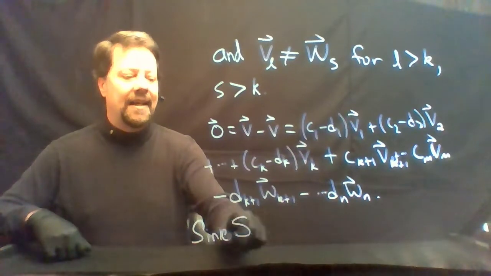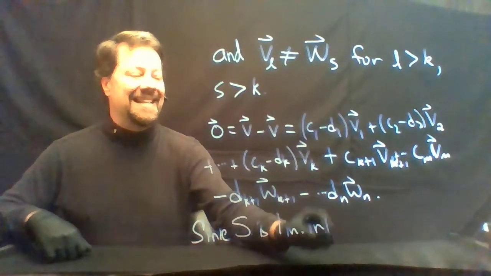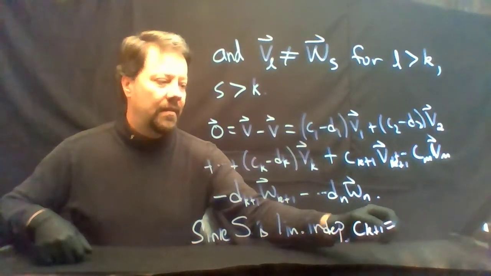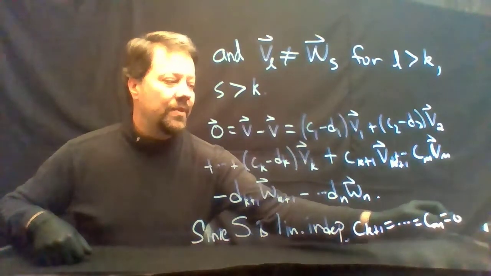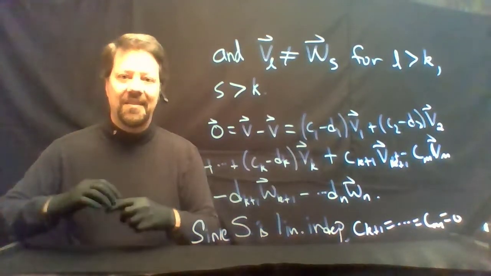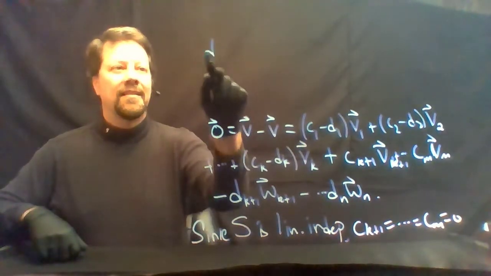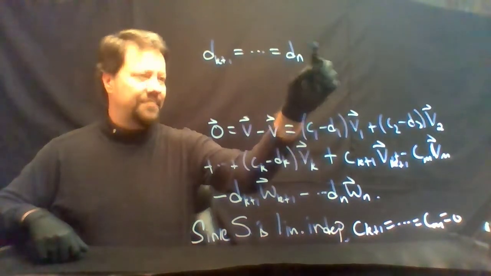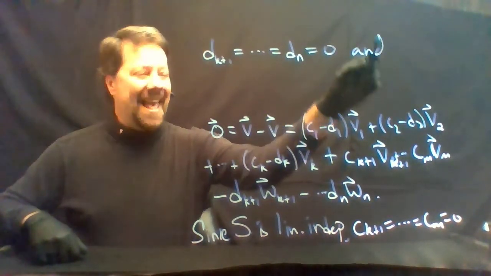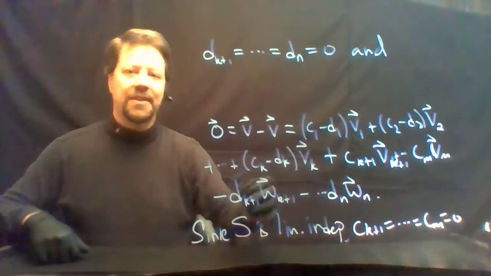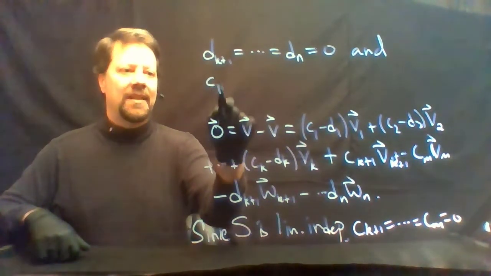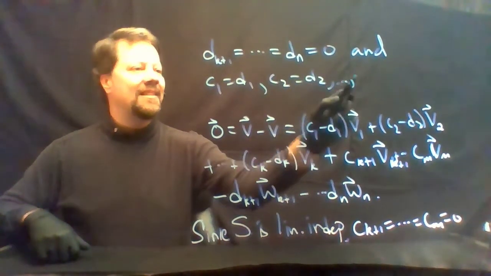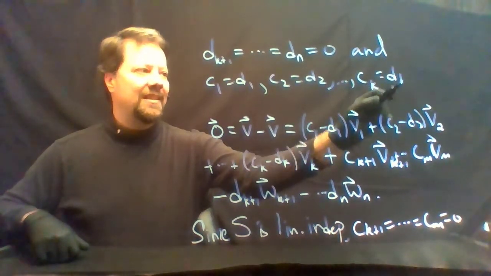Since S is linearly independent, we get c(k+1) through cm equals 0, and all of the d's at the end, d(k+1) through dn, are 0, and these other coefficients must also be 0. c1 will have to equal d1, c2 will have to equal d2, down to ck equals dk.